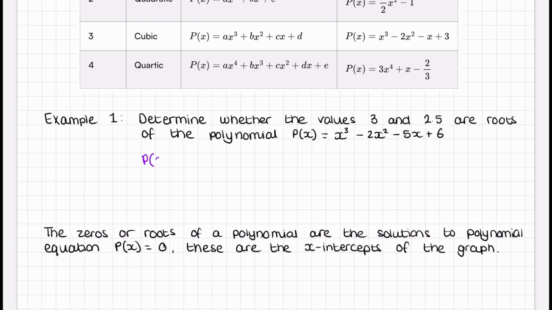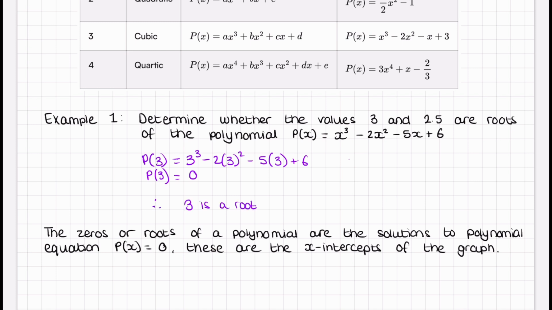So p(3) would equal 3 cubed minus 2 times 3 squared minus 5 times 3 plus 6. Put that into our calculator and we get 0 as an answer. Therefore 3 is a root.